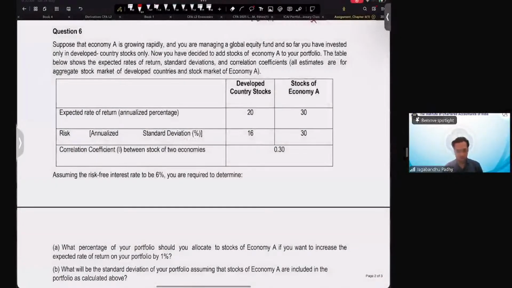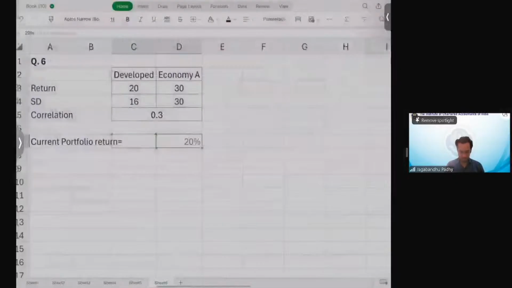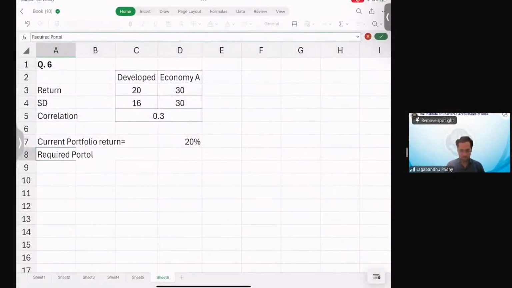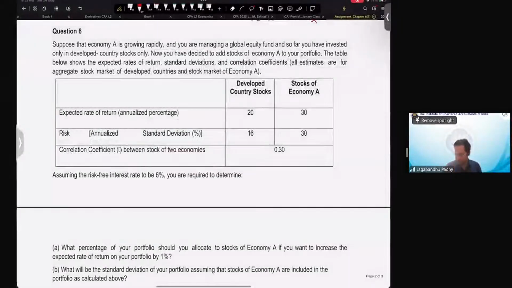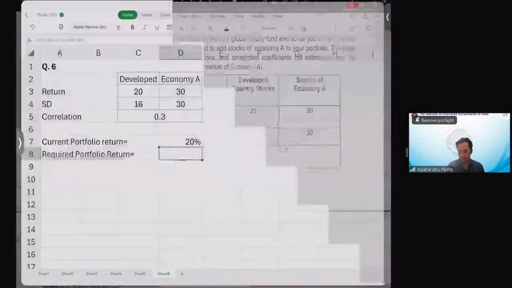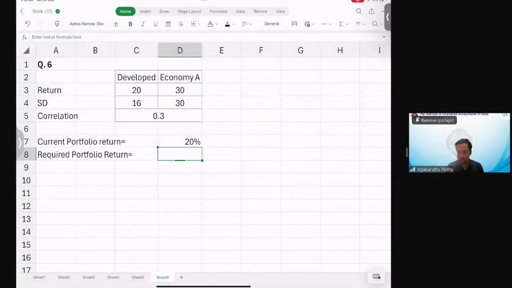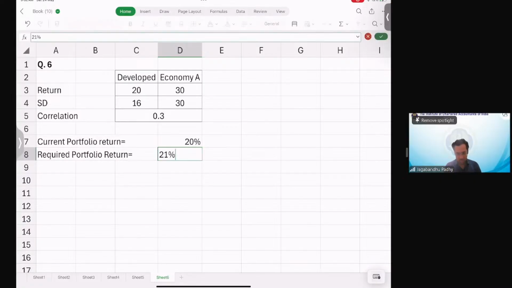What is your required rate of return? Required portfolio return is 1% over and above that, which is 21%.